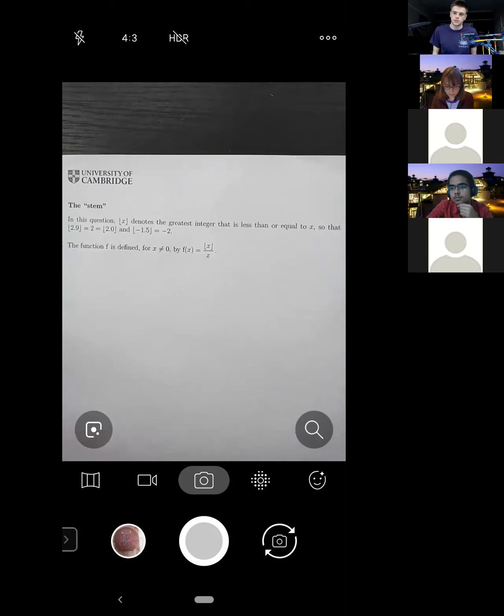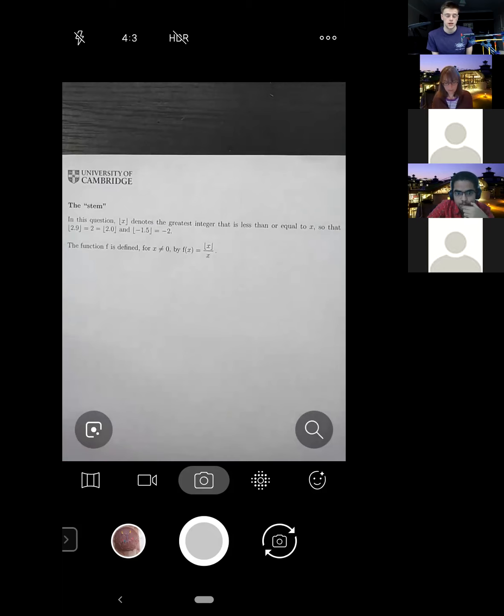If you've done some step questions before, you will have seen that they have a certain structure to them sometimes, and quite often at the start there's this thing called the stem. That's either just a bit of information or maybe a part question that will be useful for the rest of the question. Okay, so in this case, the stem introduces this notation, which we're going to call the floor function.